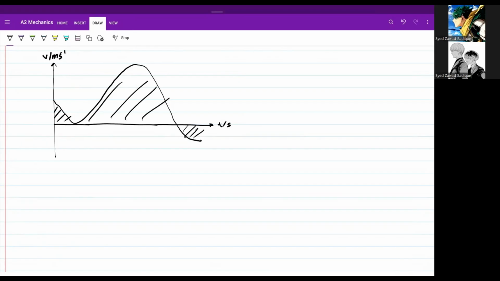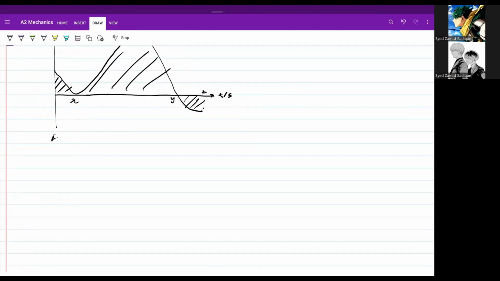Let's say this is point X, this is point Y, and this is point Z. Let's say they tell you to find the total area under the curve.